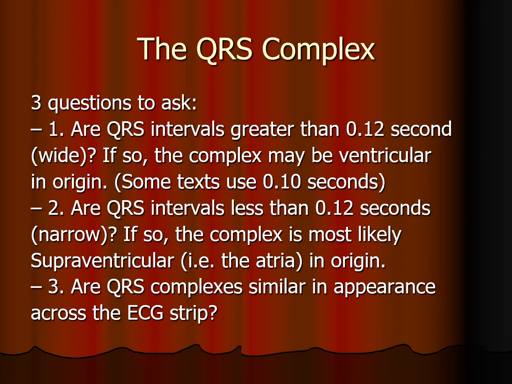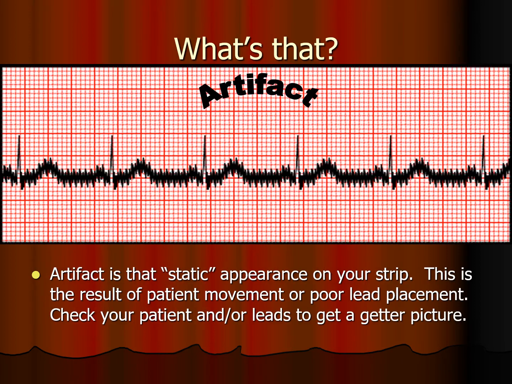And are the QRS complexes similar in appearance across the strip? Okay. What is artifact? It's static, right? Maybe the lead's not in the right place. Maybe he's got his cell phone sitting on top of it, or the remote control. We need a better picture. All right.